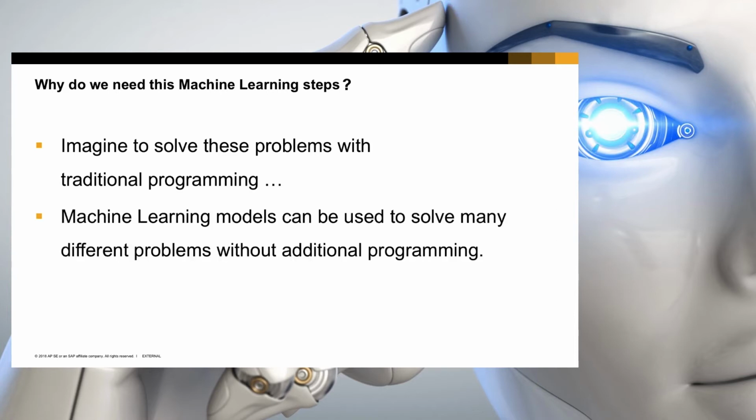Machine learning models have the advantage that you can use them for many different problems without starting new extensive programming. To solve our problem of recognizing facial expressions, we basically used, on a high level, the same approach or model that solved the problem of recognizing a nose or the eyes or the mouth. The same can be used to classify any type of pictures. It doesn't matter if you want to classify the pictures of a product catalog or some handwritten pictures.